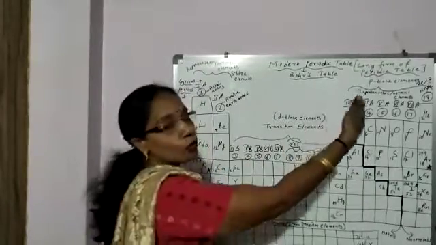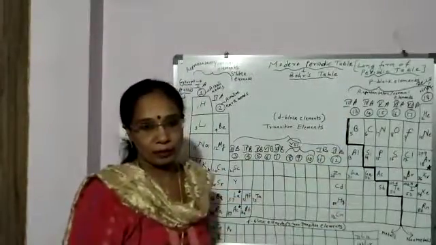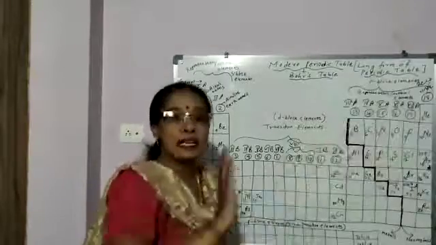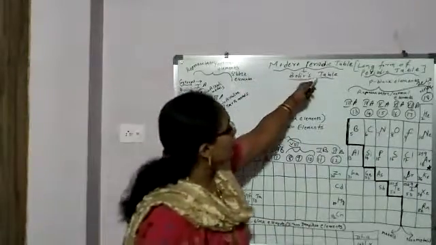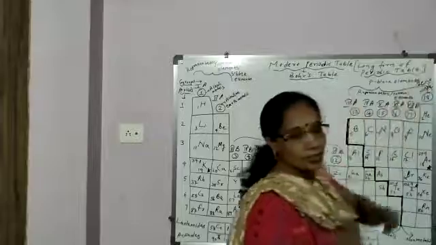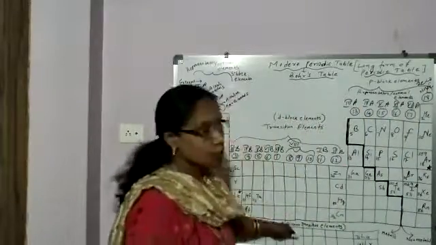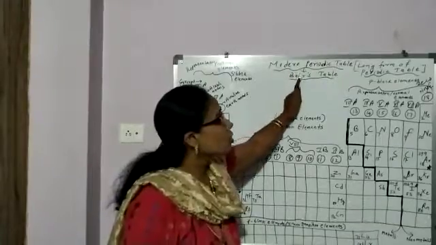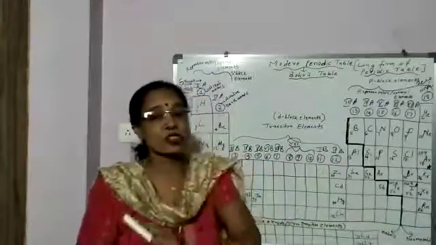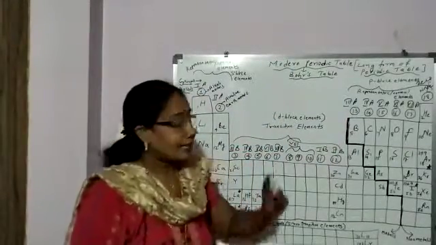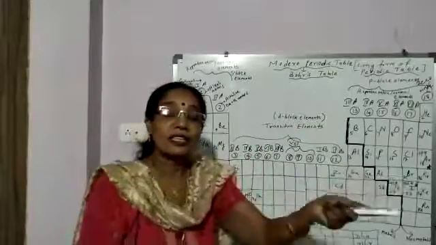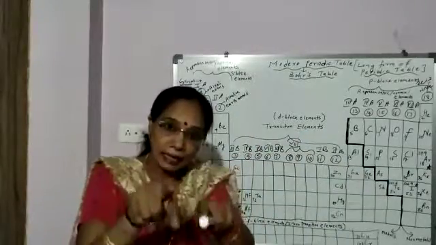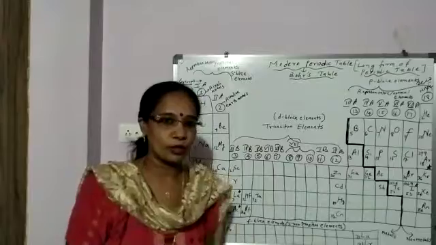So the number of groups increased from 8 to 18, and this is why it is called the long form of the periodic table. As this table was produced by Neil Bohr, it is also called Bohr's table. Clear? And here the elements are arranged in increasing order of atomic number, which I will discuss just now with you. Okay.